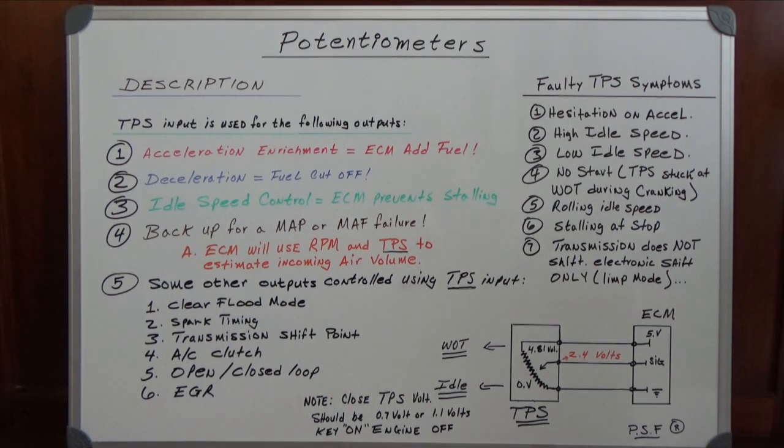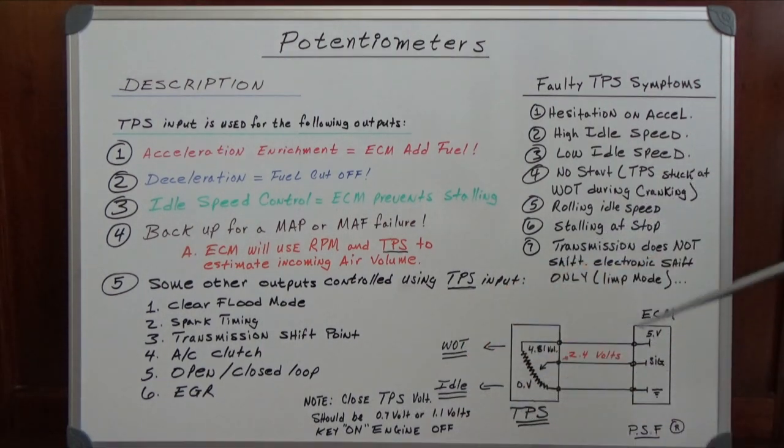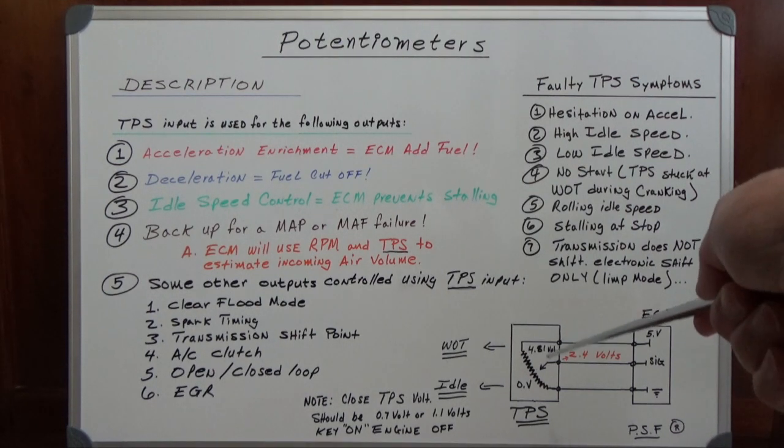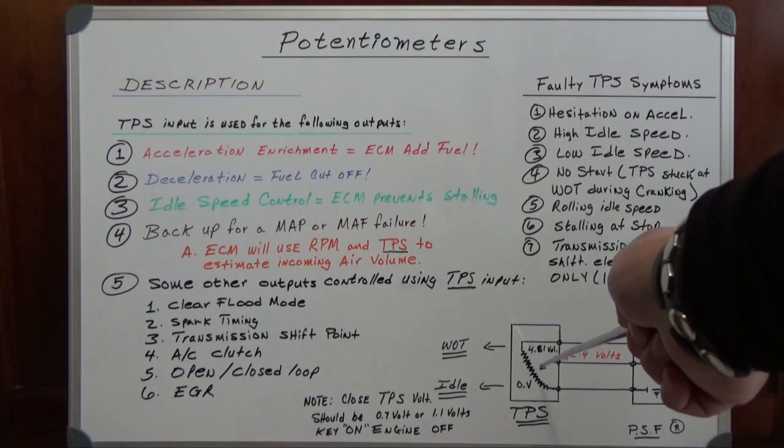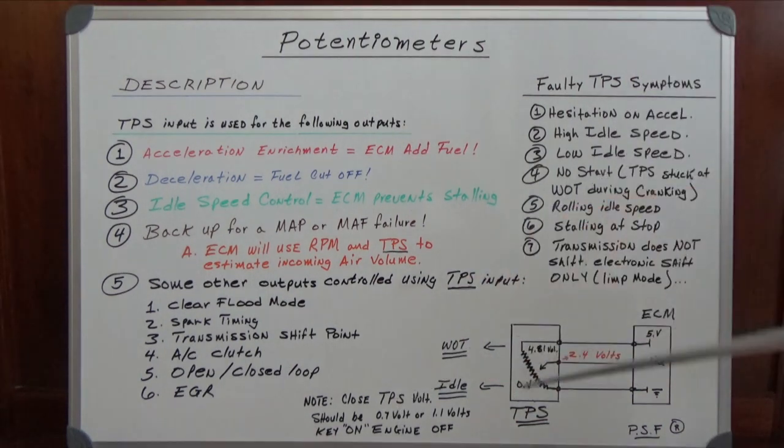So when you want to adjust a TPS to 0.7 volts, which is the specification the computer wants, you loosen the 2 bolts and move the TPS with a meter connected to this wire until you get 0.7 volts, and then lock the bolts. That is how to adjust the one that you can adjust. This one that I put in here is a fixed TPS. There is no adjustment. You just put it on. It should be within specification.